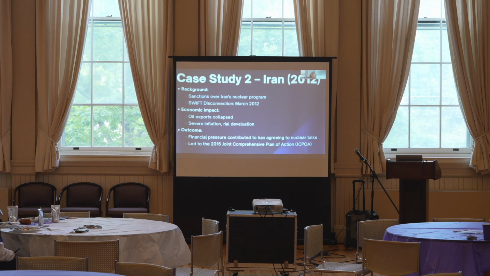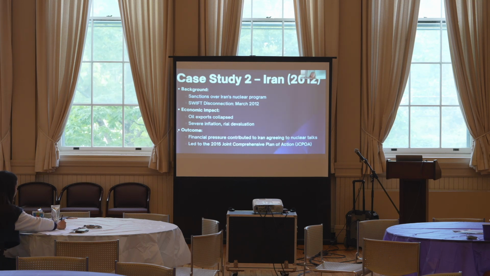But everyday citizens suffered the most from this. They had to experience very high prices, medicine shortages, and job losses. Iran's government had to resort to workarounds, bartering, smuggling, and informal currency exchanges, but these were pretty inefficient and damaging to long-term development.